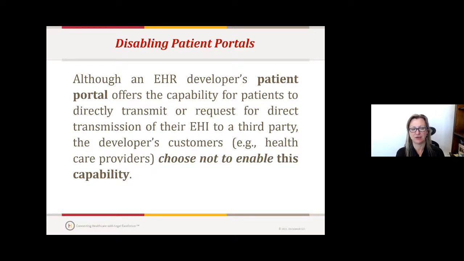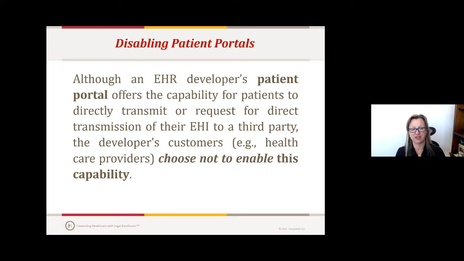This is an example that ONC gave straight out of the preamble. They want to call out that you need to be careful when you're disabling applications or functionalities, because if you cannot justify it, it could be considered information blocking. If there's no good reason why you're turning off or not enabling something, it could be a practice that interferes with the exchange of electronic health information, particularly with patients.